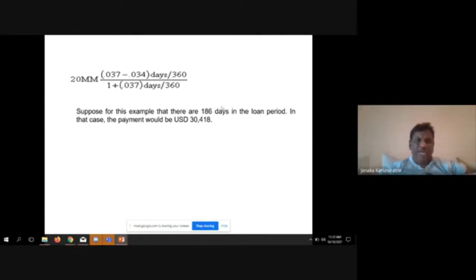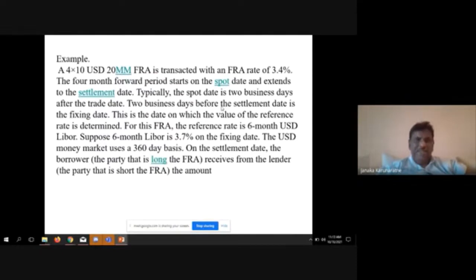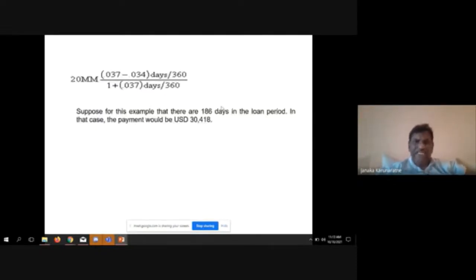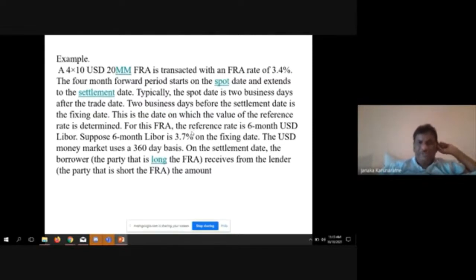If you take the actual number of days as 186 for this particular transaction, then the cash payment would be US dollars 30,488. The borrower receives from the lender, because the reference rate has gone above the FRA rate.